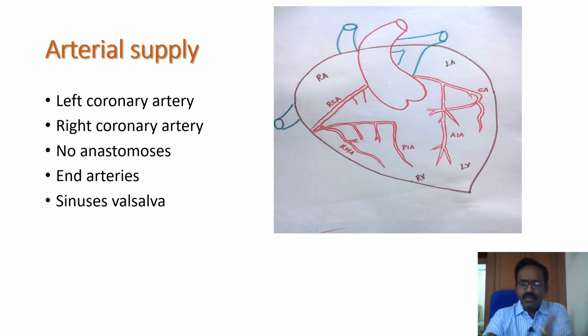It keeps the valve cusps away from the wall of the arteries, so blood supply continues during systole also. So this is important for the heart to receive blood during systole and diastole. The heart receives more blood supply during diastole compared to systole, but in systole it also receives some amount of blood.